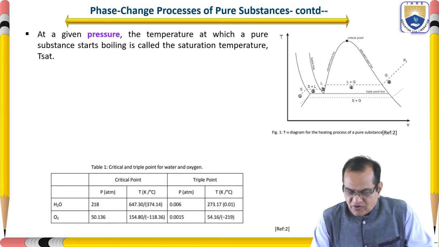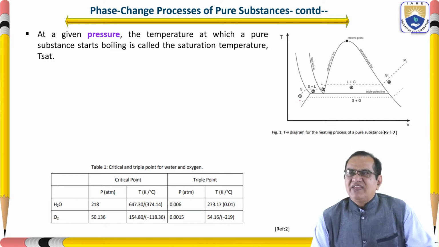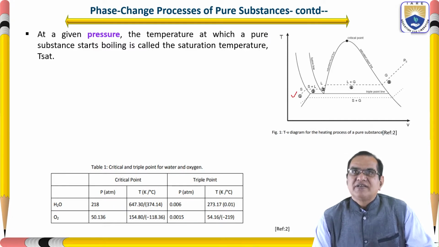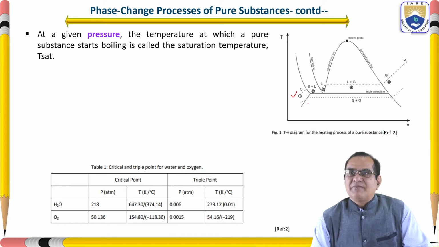So here at 1 we have the solid, like if it is ice. At a given pressure, the temperature at which a pure substance starts boiling is called the saturation temperature.